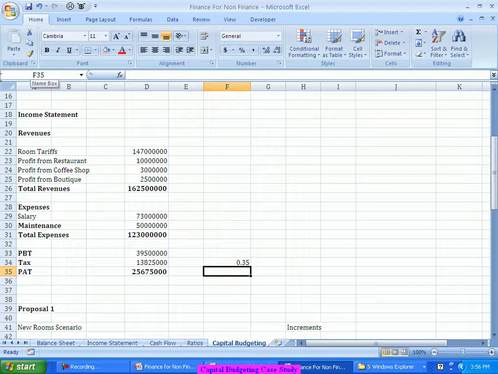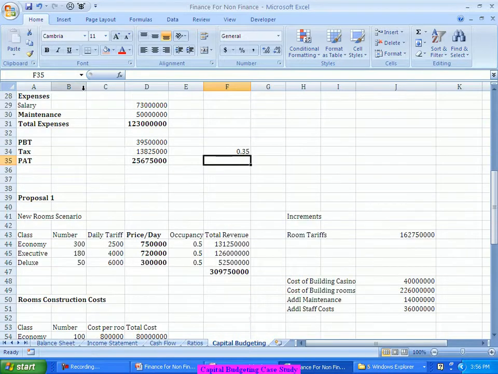Only the difference, only the incremental part, only the new part, right? If someone is talking about demolish the total existing one, then probably we have to take it from scratch. Otherwise, we need to look at only the incremental part. Okay, let's look at the proposal 1 now.